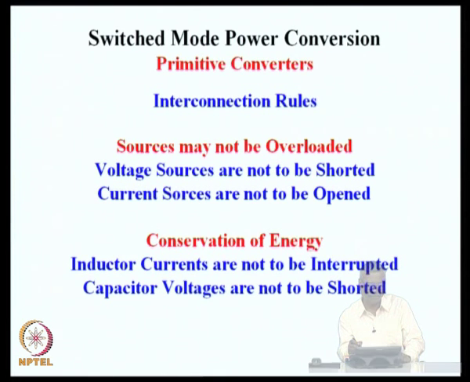The consequence of this is that if we have current flowing in an inductive circuit, that cannot be interrupted instantaneously. Such an interruption of inductor current will give rise to collapsing the energy to 0, and this is not to be done. This will give rise to over voltages in the system.